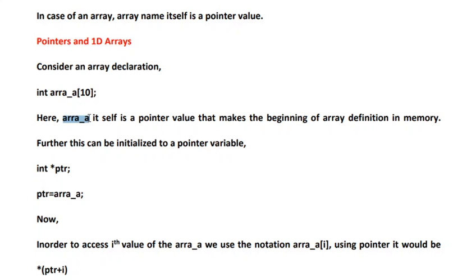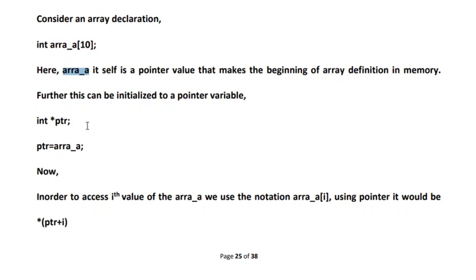Now further, this value can be initialized to a pointer. Here I've declared a pointer ptr which is capable of pointing to a variable of type integer. So ptr is now getting initialized with arr_a. Since arr_a itself is a pointer value, it can be initialized to ptr.